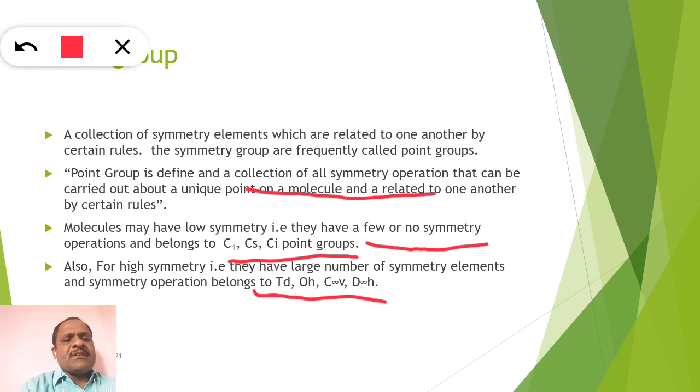For example, tetrahedral or octahedral, or C infinity v, D infinity h, or other examples where a large number of symmetry elements and symmetry operations are present, and therefore they belong to this particular type of point groups.